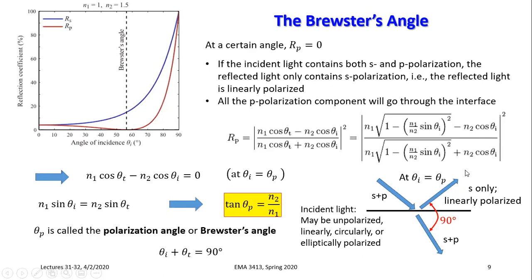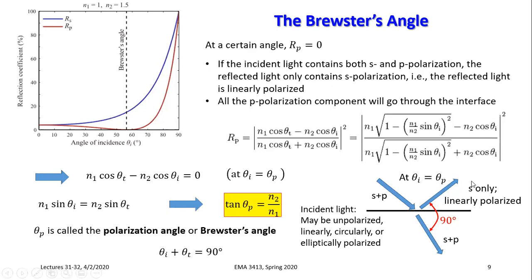Okay, and actually this is why I mentioned that even though the sunlight is unpolarized, with no preferential orientation for the electric field, the electric field can go in every direction, but once it's reflected off certain objects, you can possibly have linearly polarized light.